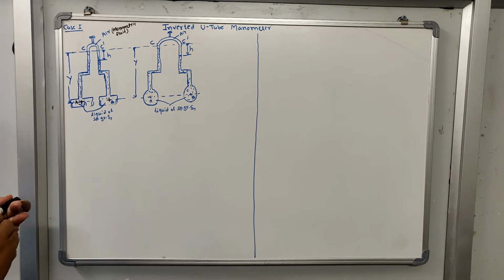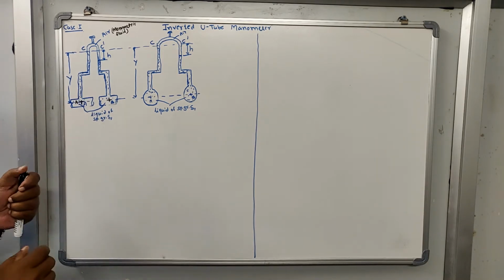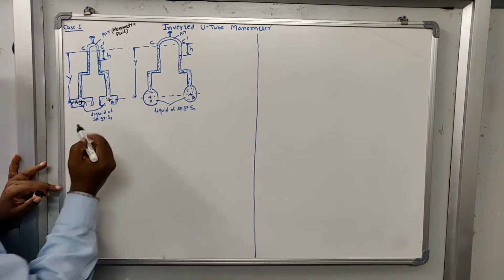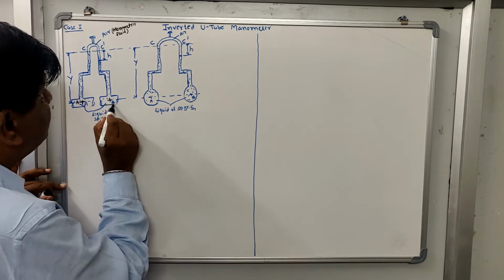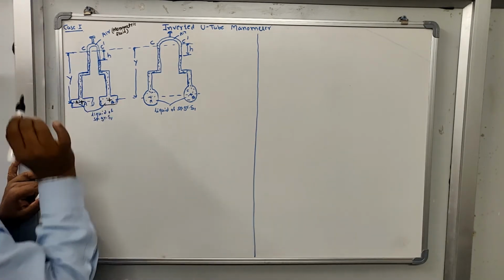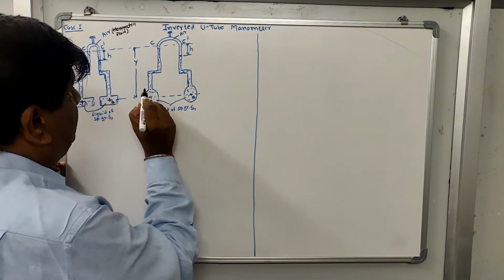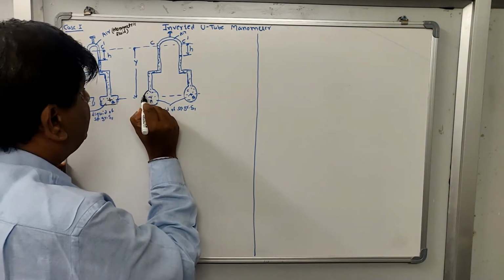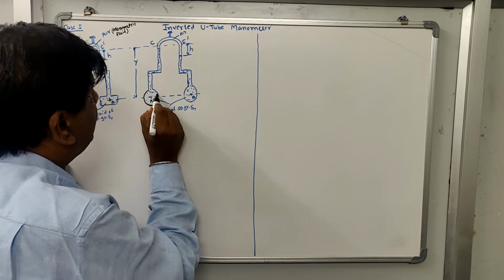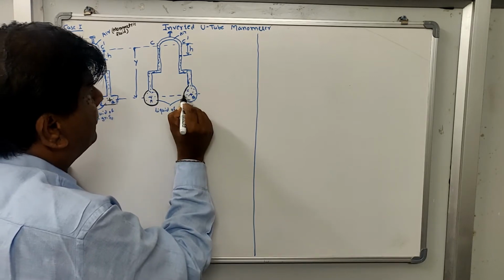This is the arrangement to know the difference in pressure head between two points in a single pipe. Suppose we have two pipes running parallel to each other. This is one pipe, this is another pipe.